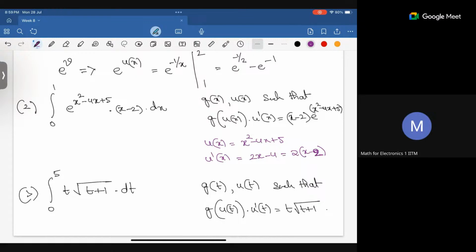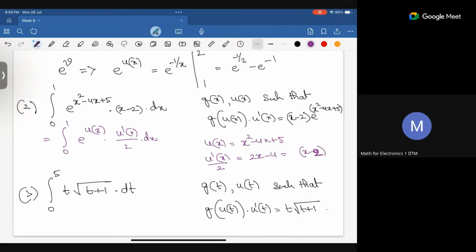Right, so I have this e power u of x into u prime of x by 2. So you can pull this 2 to the left side. So all we have is the integral from 0 to 1 of e power u of x into u prime of x by 2 into dx.